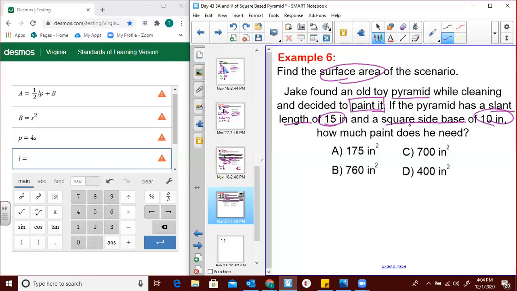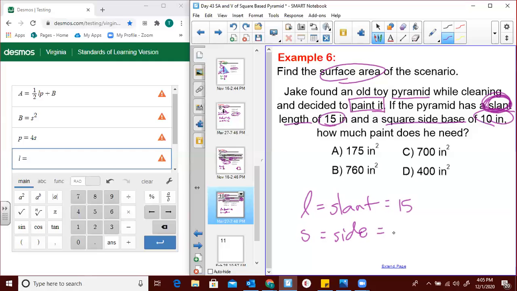All right, so we know when we're looking for surface area, we are looking for our slant and a side. Well, it gives us big words here, slant. Not a big word, but a big, like, just red flag, like, yo, look at me, stand out, slant, length. So the slant is going to be 15. It just hands it over to us for nothing.